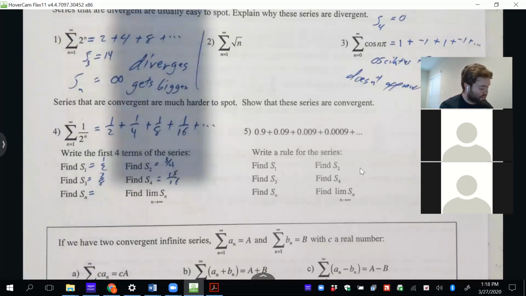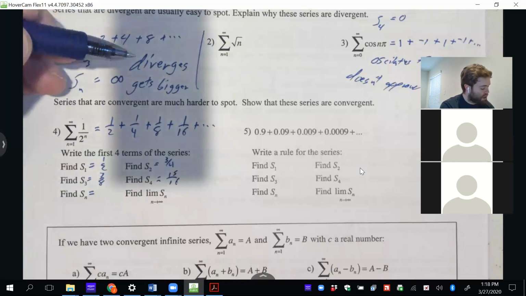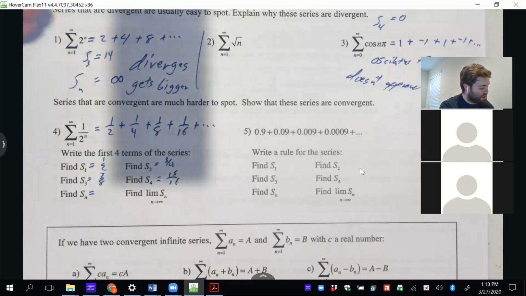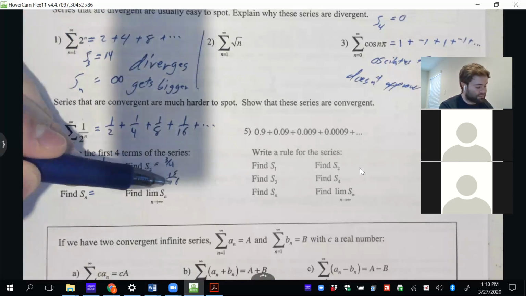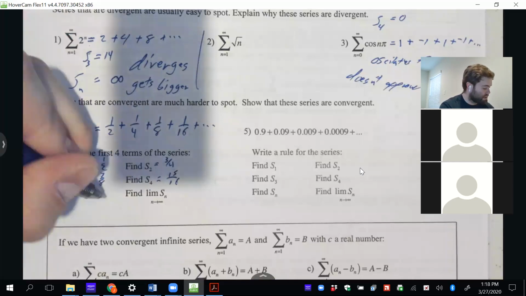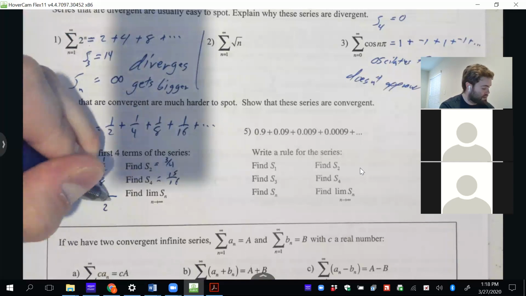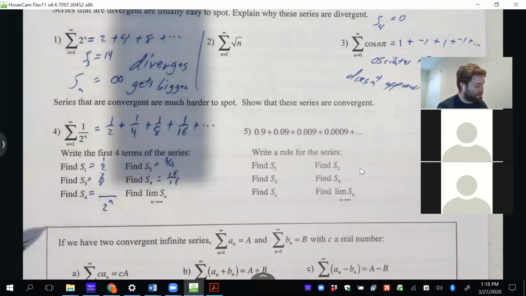Well, if we look at this one right here, we ended up with 15/16. Well, we know the bottom. We got the bottom by doing 2 to the n power. So that's still going to be the bottom here. How can we get to 15? Well, when we do 2 to the n power, we got 16.